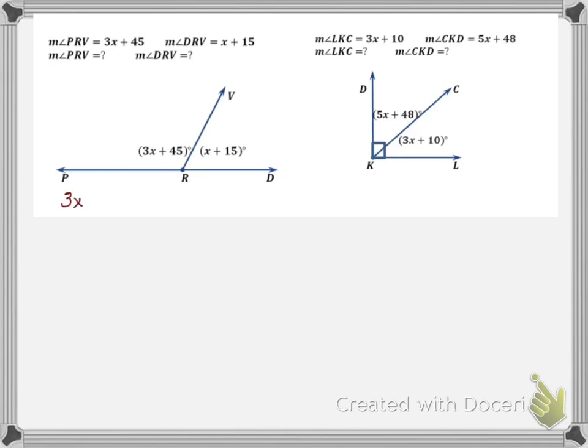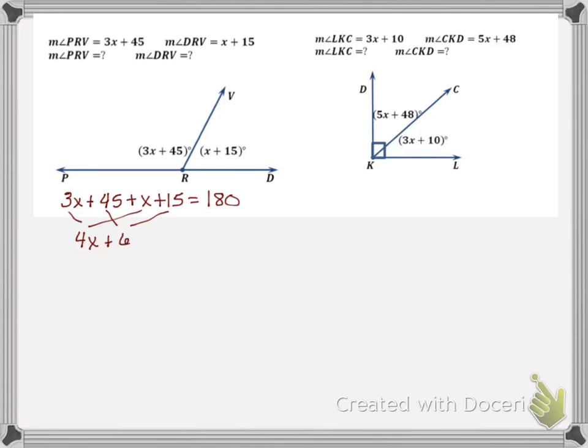So 3x plus 45 plus x plus 15 equals 180 degrees. We combine our like terms. 3x plus x is 4x, and 45 plus 15 is another thing that we can combine, and it ends up equaling 60.